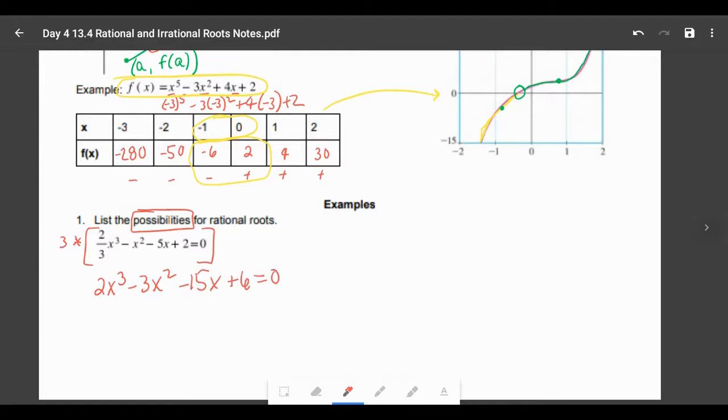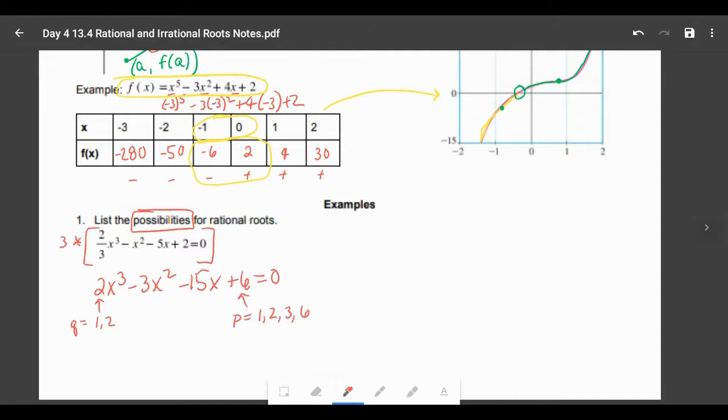So I'm going to look at what all of my p's are. I need all my factors of 6. That's 1, 2, 3, and 6. And all of my q's, which are all the factors of 2, which are 1 and 2.